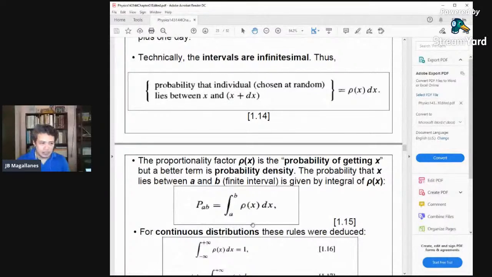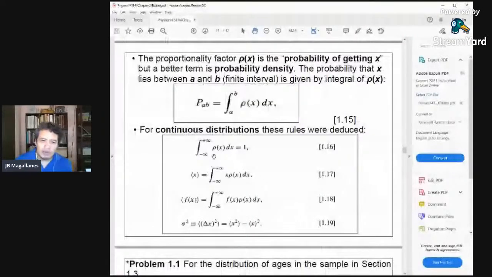We discussed an earlier example for discrete distribution. For continuous distribution, the summation sign will be replaced by the integral sign. So for probability density, you can integrate that from negative infinity to positive infinity, and the result would be 1.